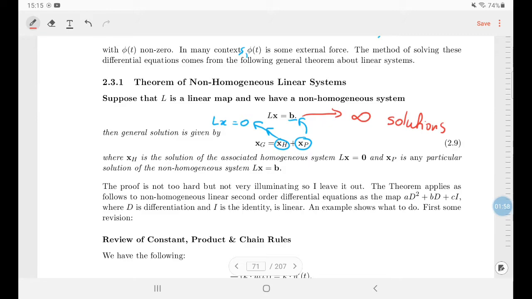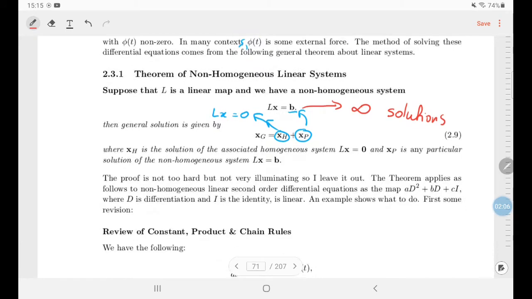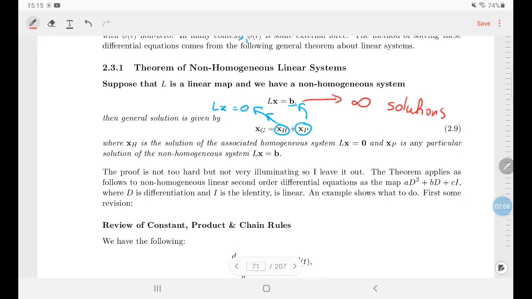So if you just write down a differential equation like this without specifying the initial value of the displacement and the initial speed, there's infinitely many solutions. The theory says that the infinite part of the solutions is already in this homogeneous part. So the infinitely many solutions occur here, and this is related to the A and the B that we were talking about previously, which we'll see in examples. And then this is just one solution of the thing.